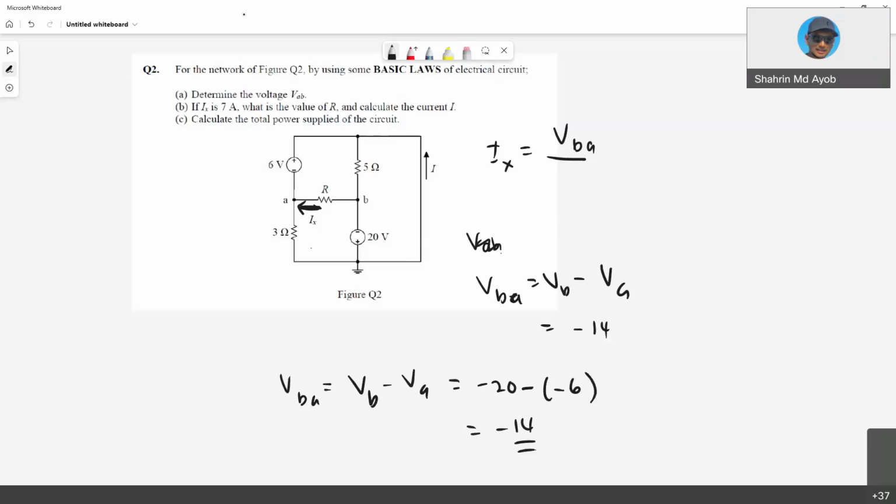Okay. So over your resistor, R, and this is your Ix, negative 14. And Ix comes from B to A. So this one is 7.